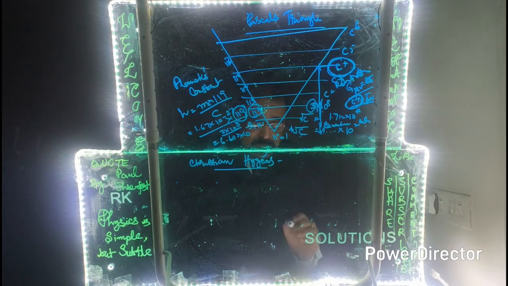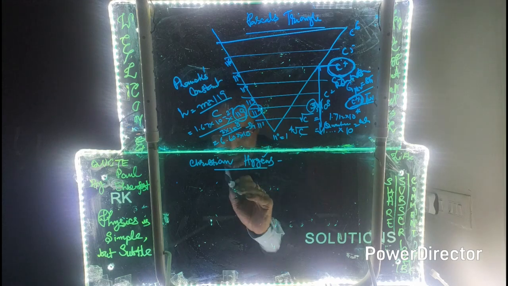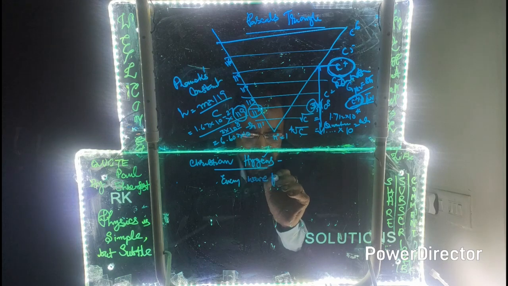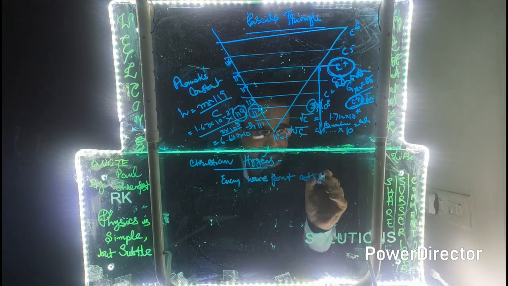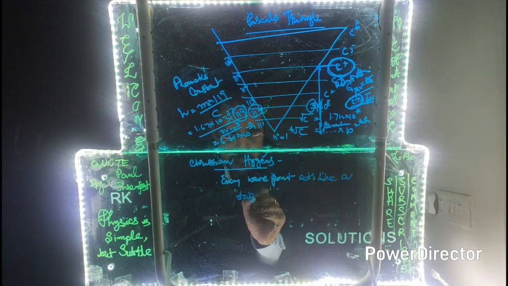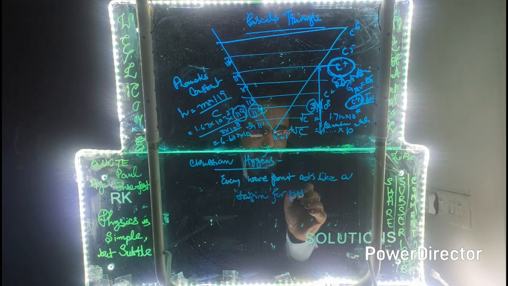Christian Huygens came up with one theory, basically called Huygens' law. What it says is every wave front acts like an origin for further waves.